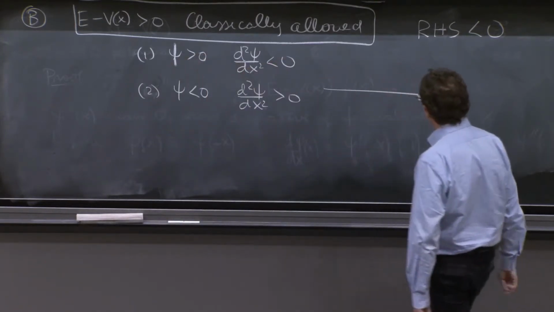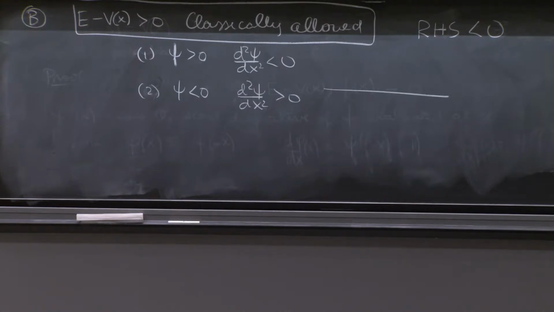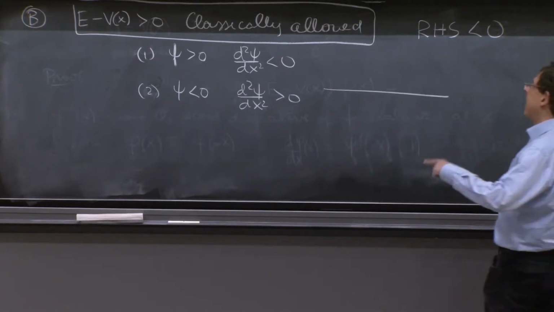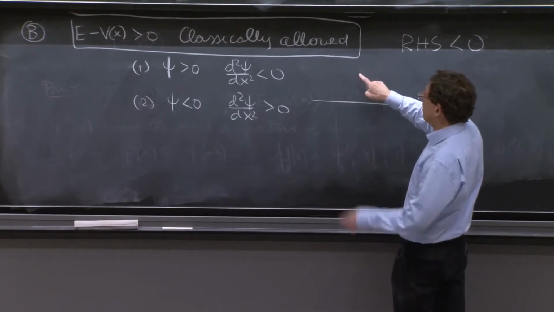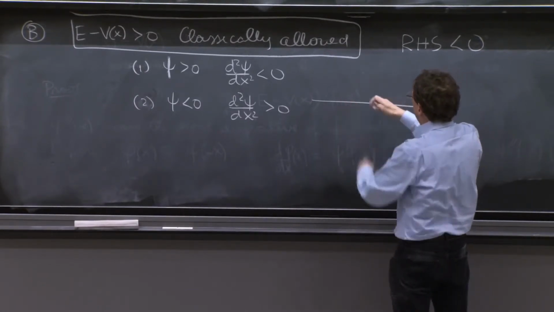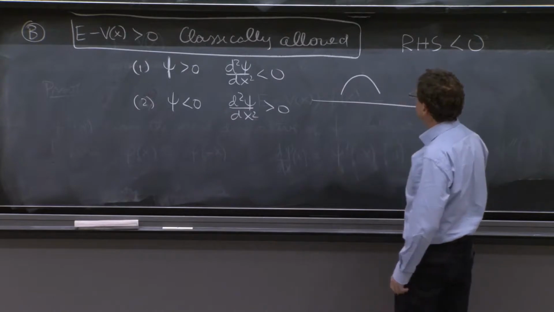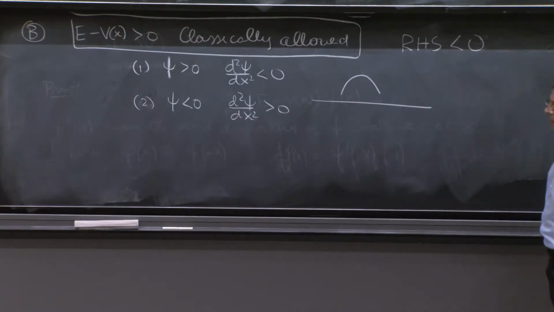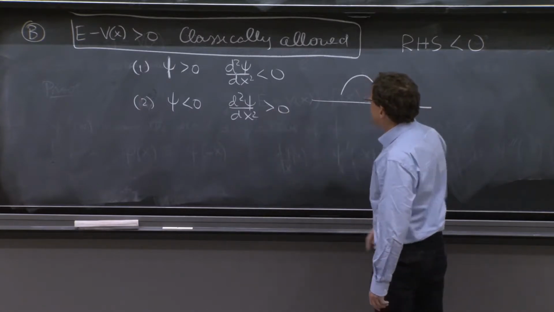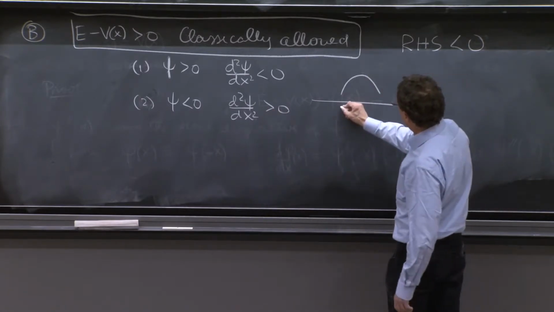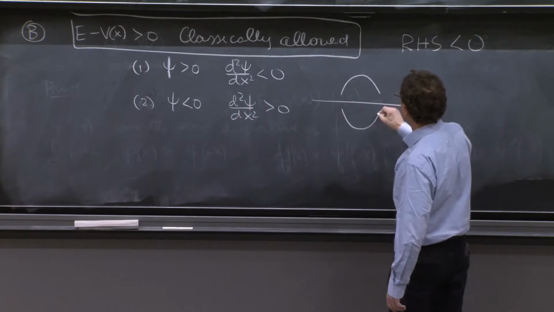So how does that look? Well, with psi positive and second derivative negative, I think of a wave function that is positive and parabolic like that. And with psi negative and second derivative positive, it's possible to have this.